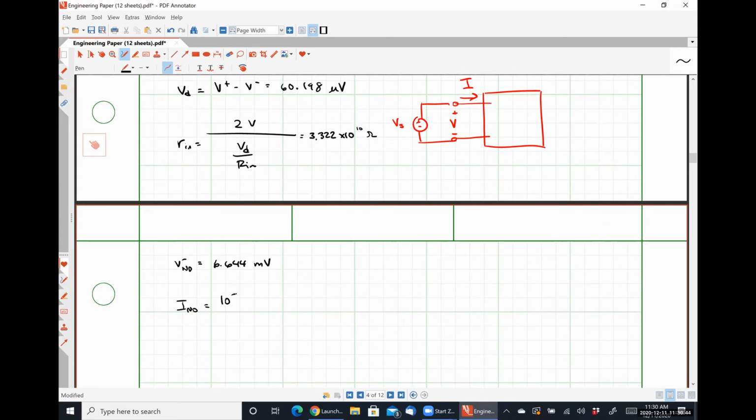AVOL is 10 to the 5. VD is 2 volts minus 6.644 millivolts divided by capital R out, which is 50 ohms, plus V minus, 6.644 millivolts, divided by 10 kilo ohms. So let's see what we're going to get when we do that.